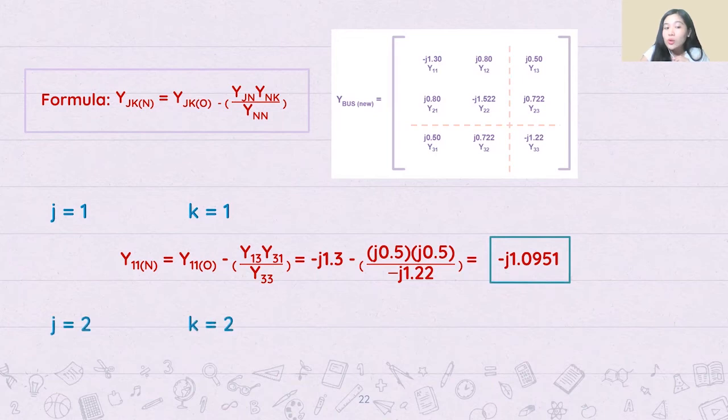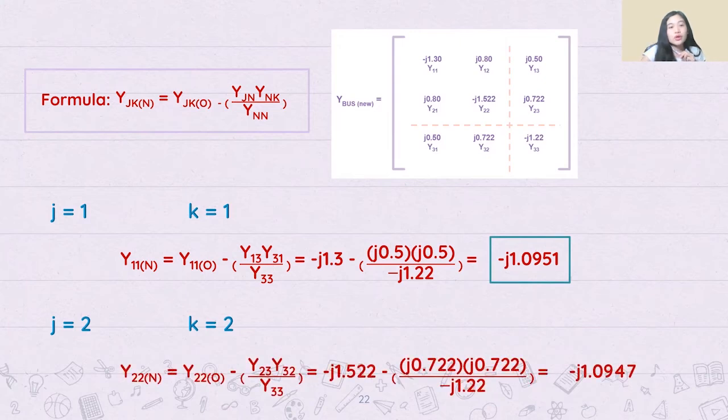Next stop, our y sub 2,2. So j and k are equal to 2 because the row and column we are solving for is y sub 2,2. From the formula once again, y sub 2,2 old is minus our y sub 2,3 times y sub 3,2 all over y sub 3,3.